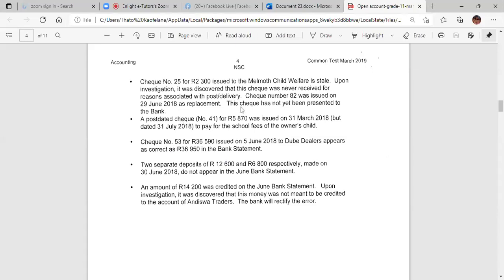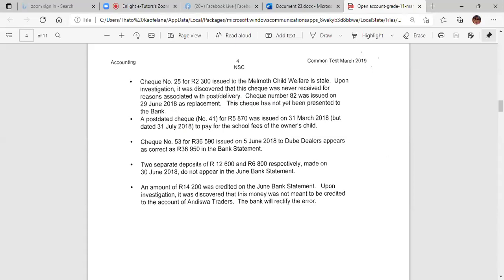So, after we cancel this check, we issued another check on the 29th of June. Don't we minus it first and then add the 2,300? Do you know why I added first, Nene? Because the first thing that happened, we received a check that was stale, so the money was never delivered.